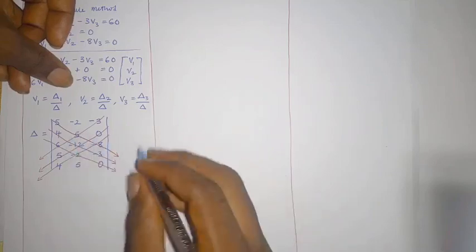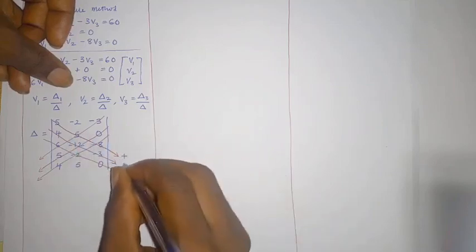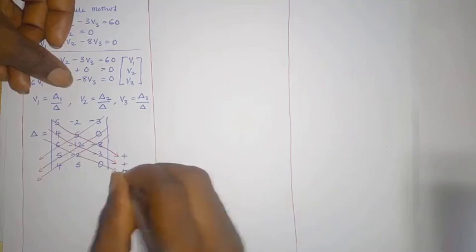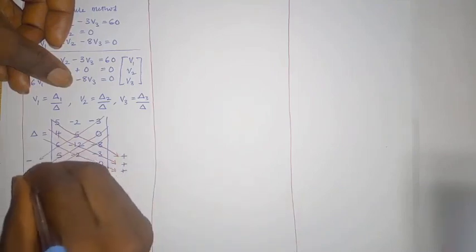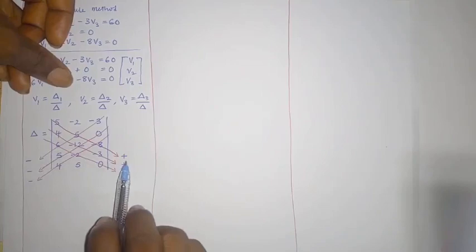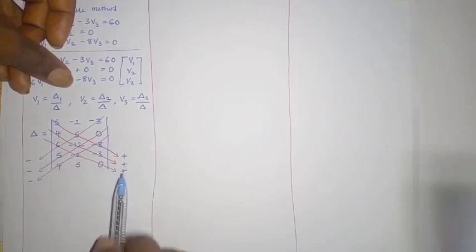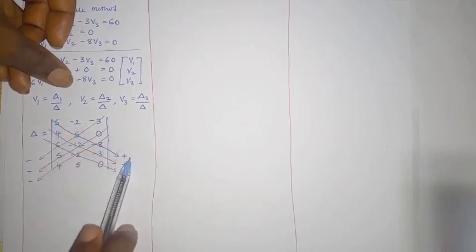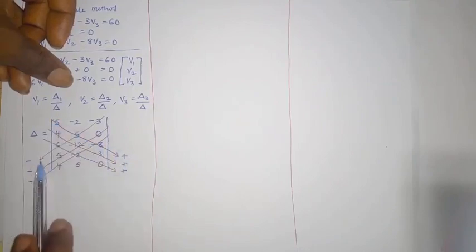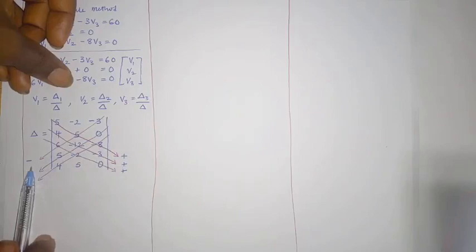Okay, so this side will be plus, plus, plus. This side will be negative, negative, negative. The reason we are putting this plus, plus, plus here is that anything that we get here, we are going to multiply with this sign, and anything that we get here, we are going to multiply with this sign.